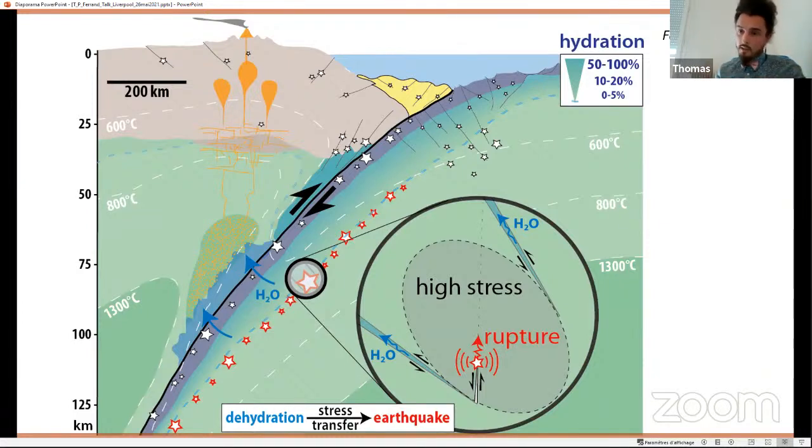Because once again, if you don't have elastic strain stored in the rock, you don't need to release it, so you don't have seismic activity. So an earthquake at intermediate depth, at least, is elastic strain plus a detonator. Like a bomb is an explosive plus a detonator.